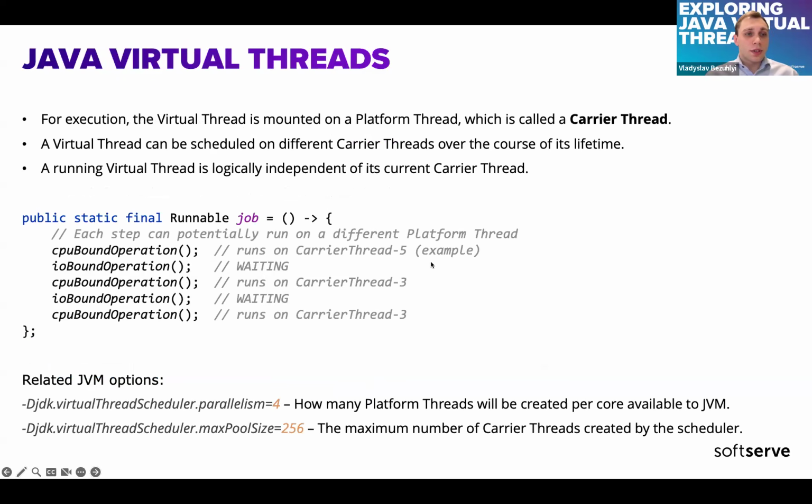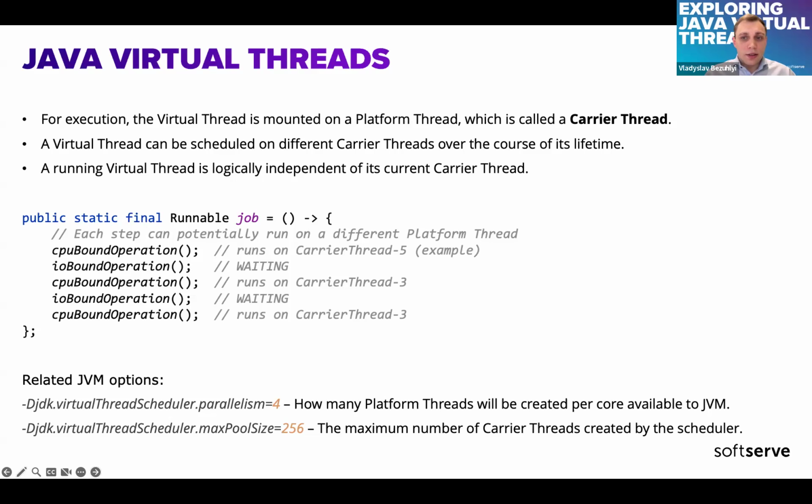So for execution, the Java virtual thread is mounted on a platform thread, which in this case is called a carrier thread. So each virtual thread is mounted on a carrier thread, and this carrier thread executes the virtual thread's code until it encounters a blocking operation.